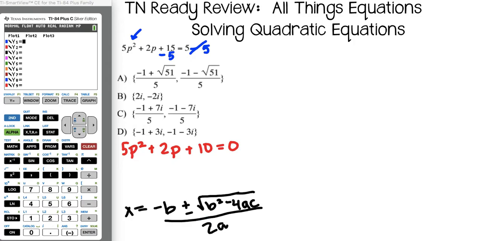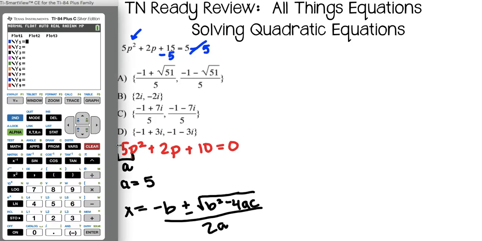In order to use the quadratic formula, I obviously need to know what my a, my b, and my c is. So my a is going to be 5. So a is equal to 5. And I know it's positive because it's out in the front and there is no negative sign there. So by default, that makes it positive.